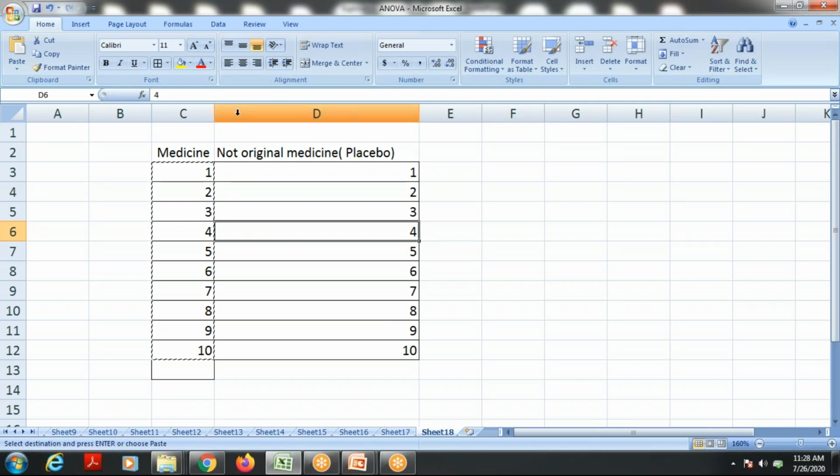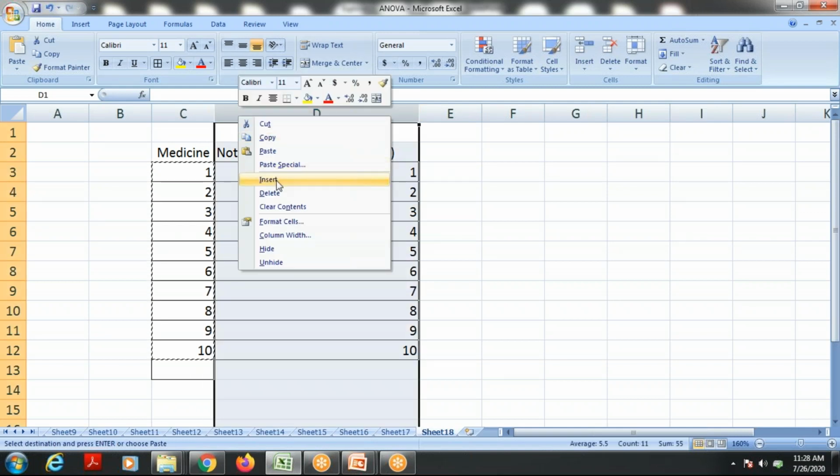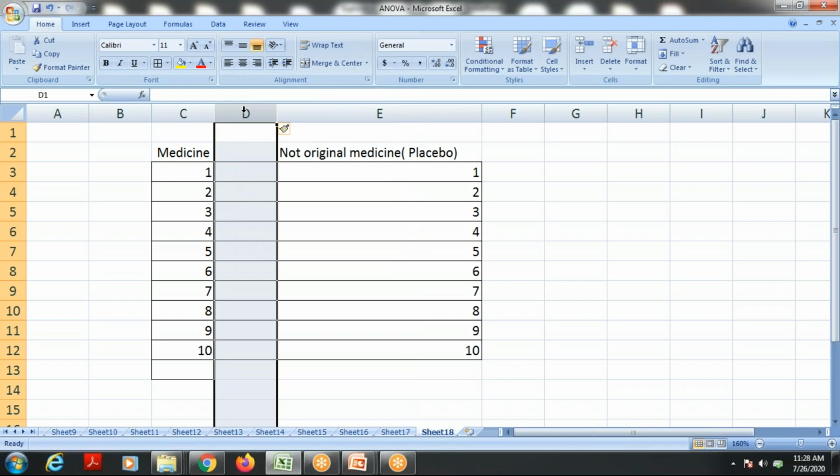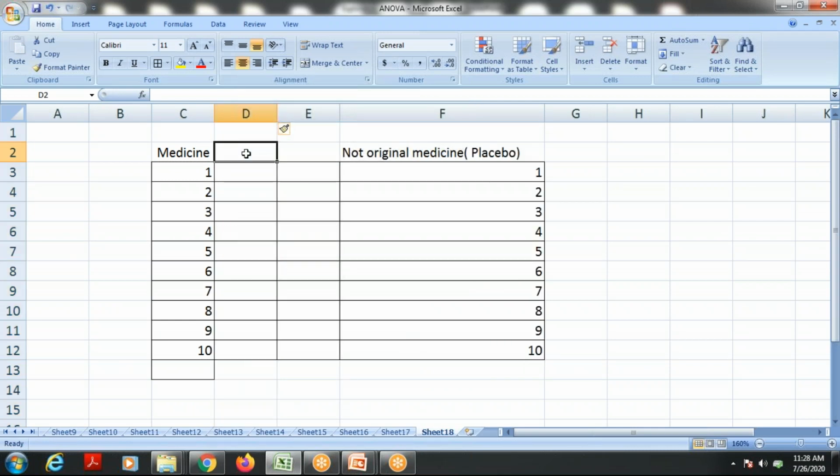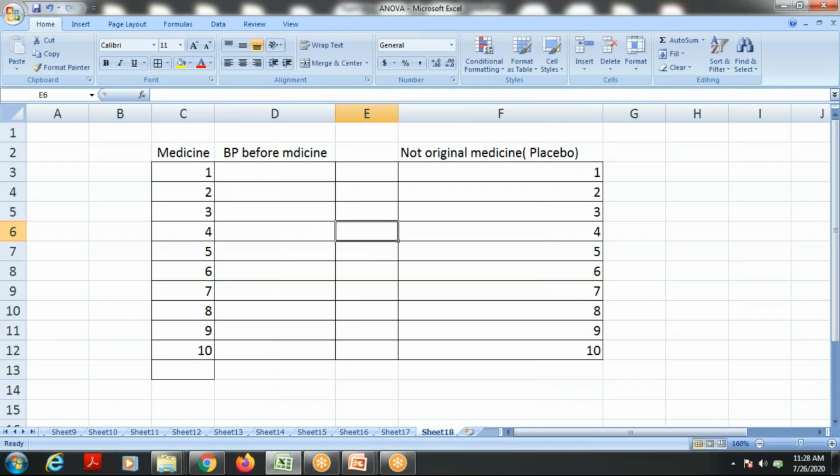Now let's say that you have two tables. One is BP before medicine, and the other is BP after medicine.